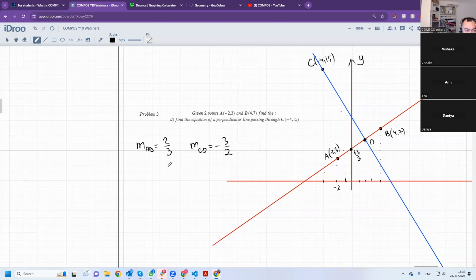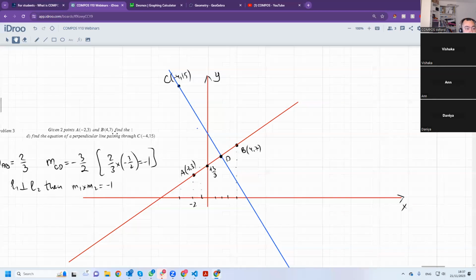So if line 1 is perpendicular to line 2, then m1 multiplied by m2 is -1. And this is the case because 2 thirds times -3/2 is -1. So they are perpendicular. If the lines are perpendicular, the gradients multiply to give -1.